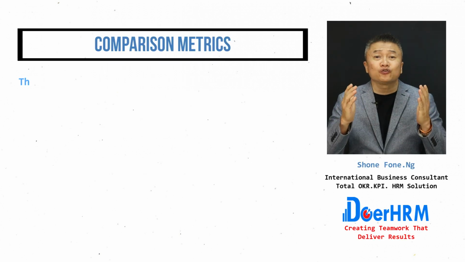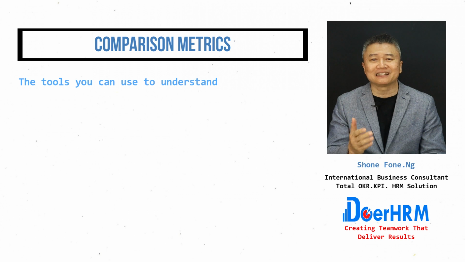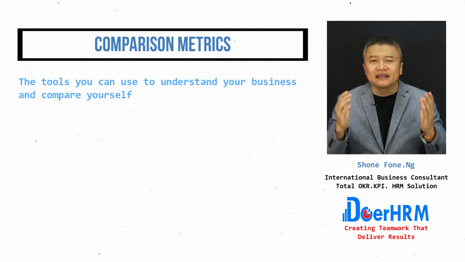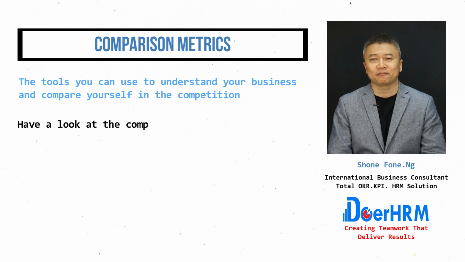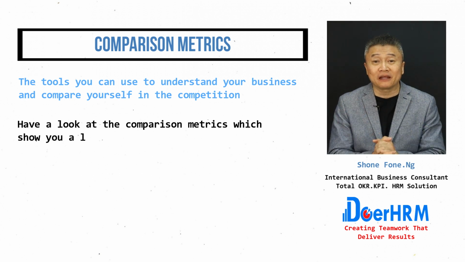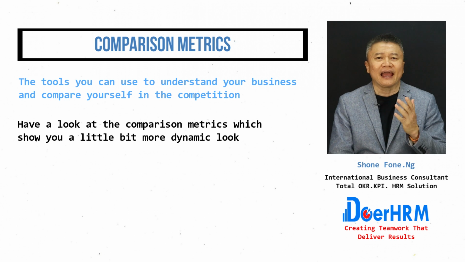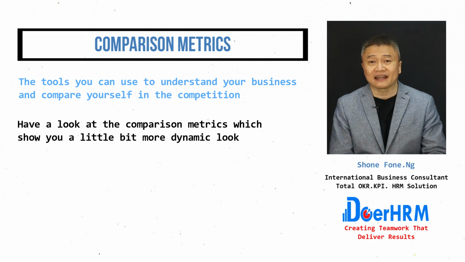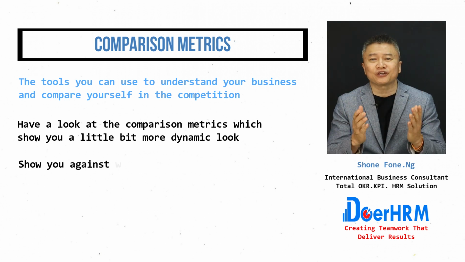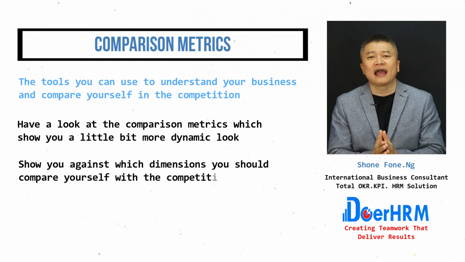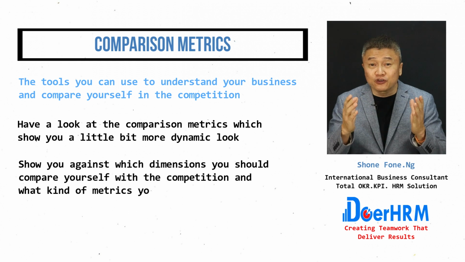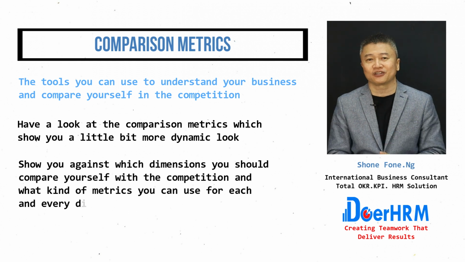Next is comparison metrics. These are tools you can use to understand your business and compare yourself against the competition. It is also good to have a look at the comparison metrics, which show you a little bit more dynamic look. Here I will just define them, show you against which dimension you should compare yourself with the competition, and what kind of metrics you can use for each dimension.